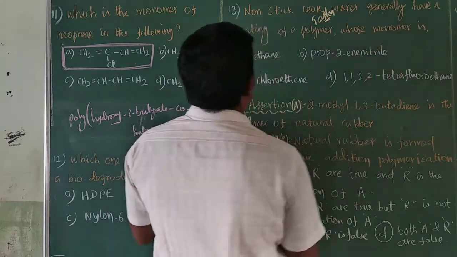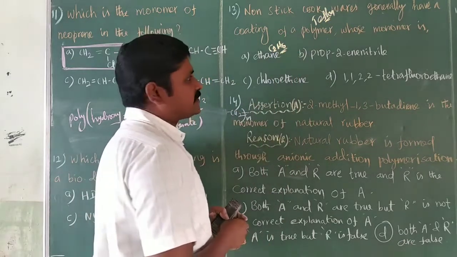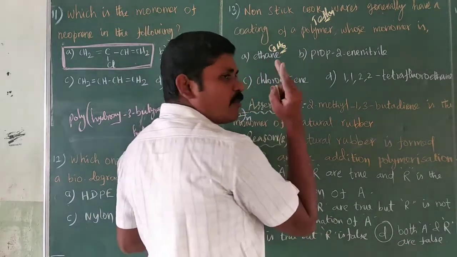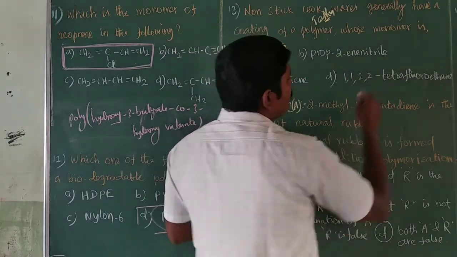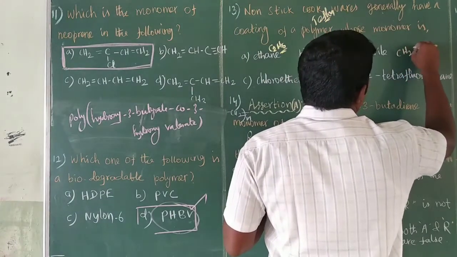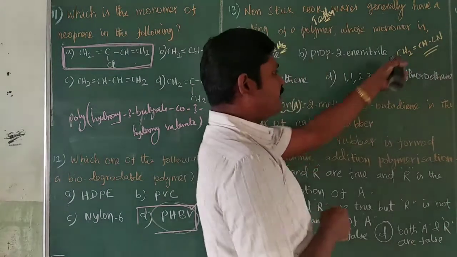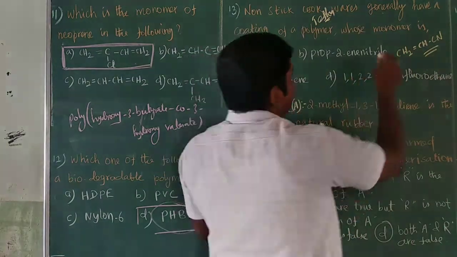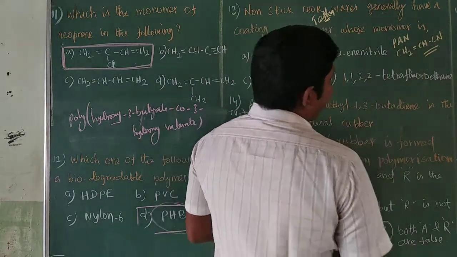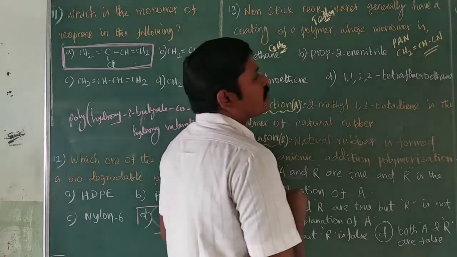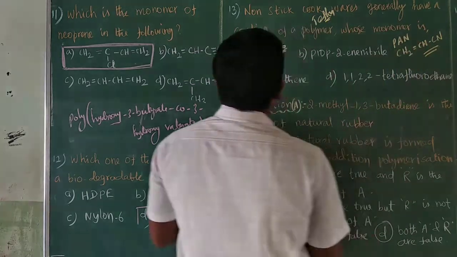Ethane, C2H6, is not a monomer, since polymer monomers contain double or triple bonds. Prop-2-enenitrile, CH2 double bond CH, CN, acrylonitrile gives polyacrylonitrile, used for making blankets, artificial wool.